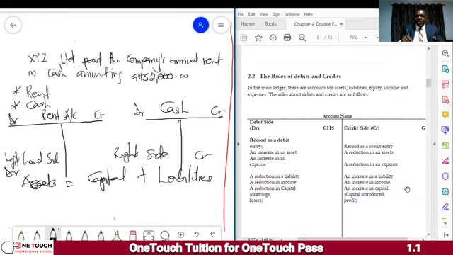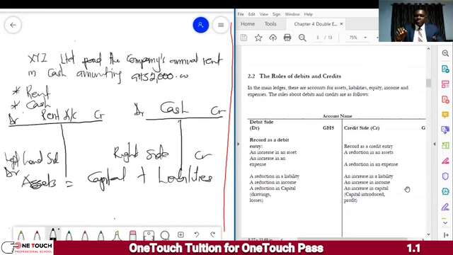Now, the increase in value of the item tells you something. In our next session, you will begin to understand what I'm trying to mean by when an account is increasing, it denotes something.